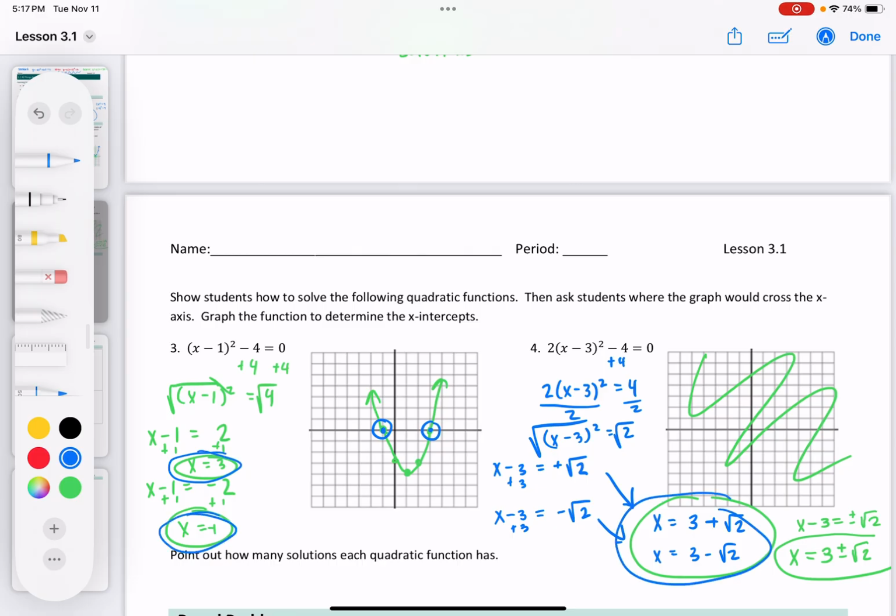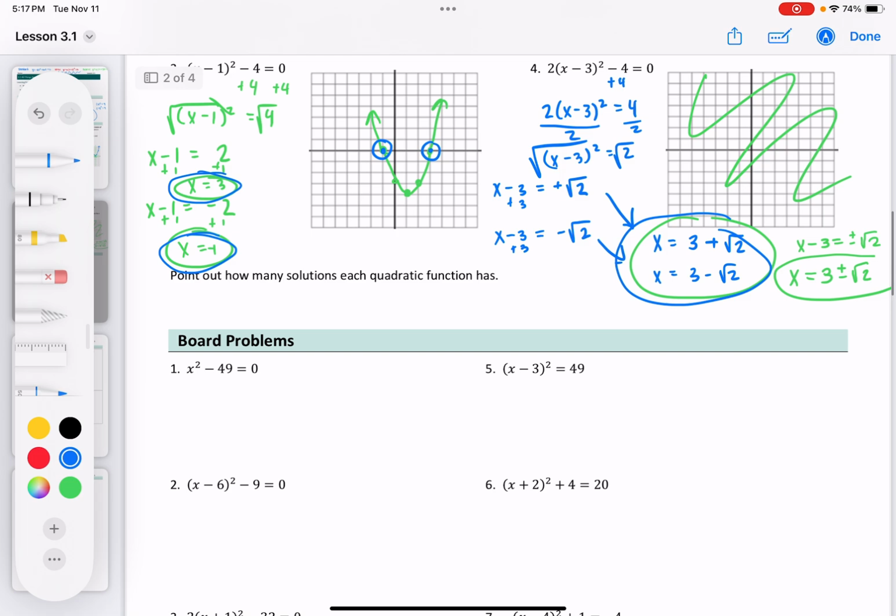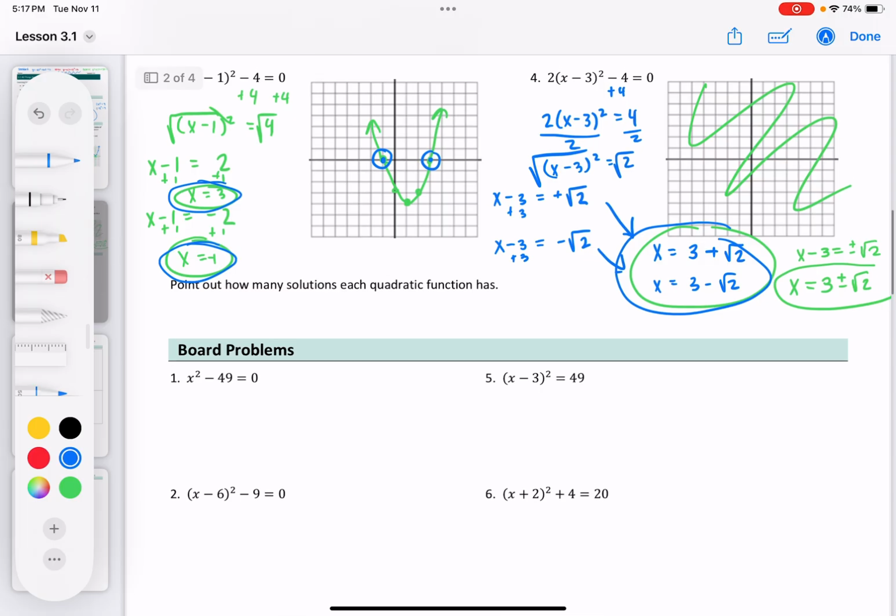So we're going to practice doing that as partners. So I'm going to scroll down here. These are the problems that I want you guys to be working on as partners. So we'll do these 4, and then I'll show you those solutions. And then we'll do the next 4, and I'll show you those solutions.